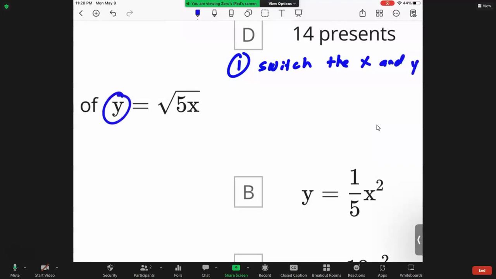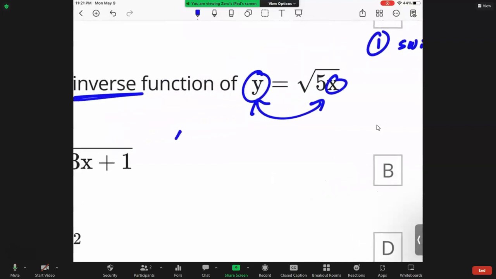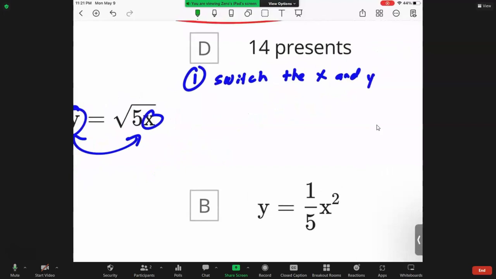So this y and this x are going to switch. So that means we're going to have x is equal to the square root of 5y. Step 2, solve for y.